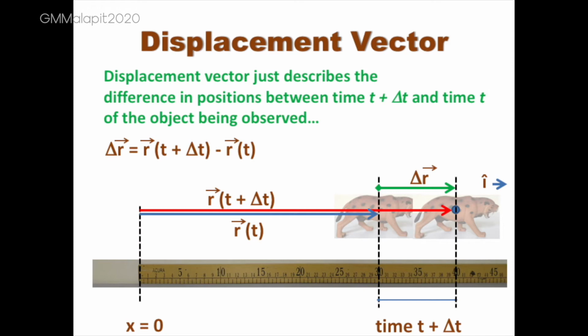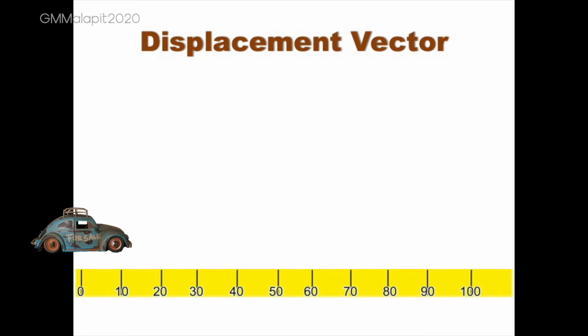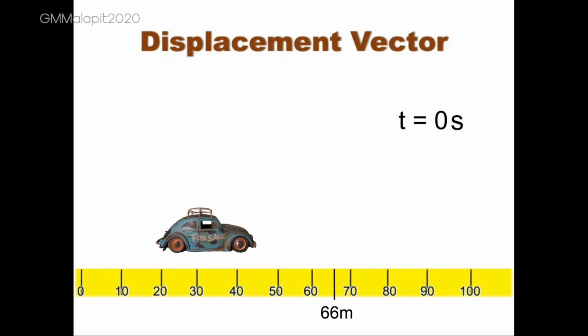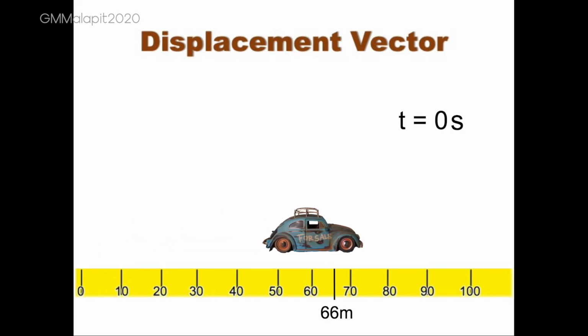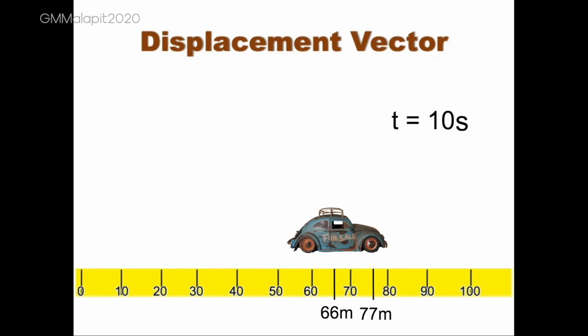Let us consider a moving car this time. We begin by placing a car at location A, where x is equal to 66 meters at time t equals 0. After 10 seconds, the car moved to location B at x equals 77 meters.